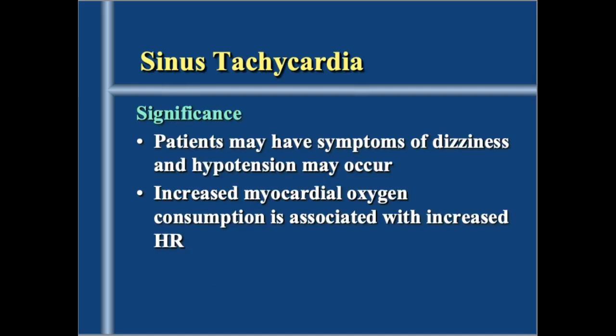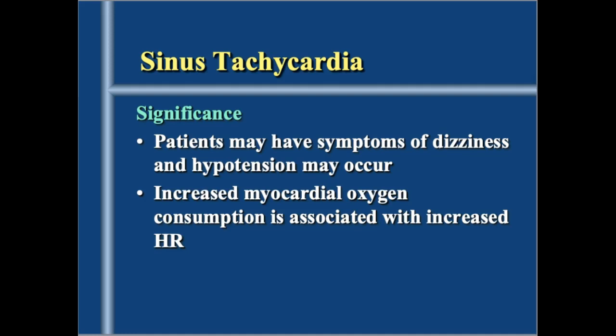So the clinical significance of sinus tachycardia is that the classic signs of hypotension and hypovolemia come with dizziness. Your blood pressure can drop, and it drops your cardiac output. It drops perfusion to your vital organs. So you've got to get your fluid volume back up and slow that heart rate down.